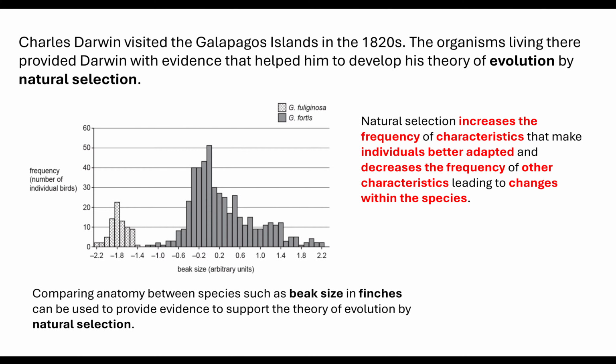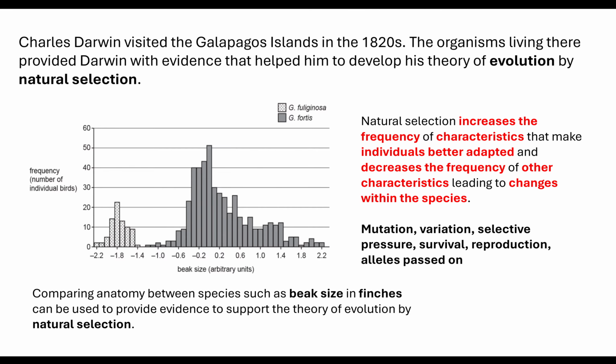So what is natural selection again? Well, natural selection is where there's an increase in the frequency of the characteristics that make individuals better adapted and a decrease in the frequency of other characteristics, leading to changes within the species. So we go back to our keywords. Mutations occur. Those mutations cause variations.